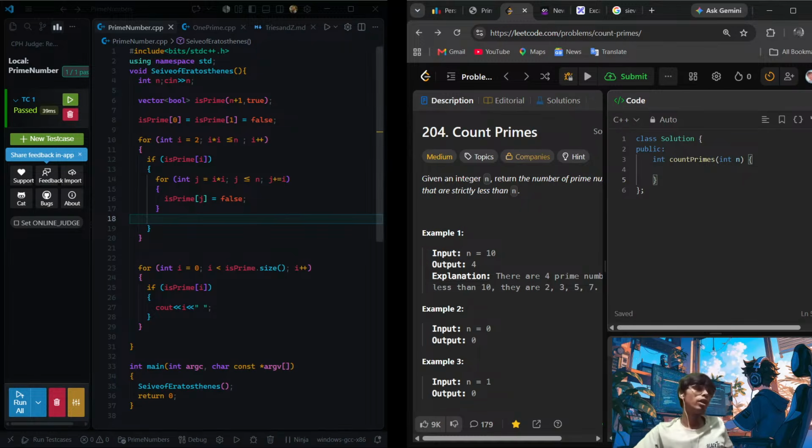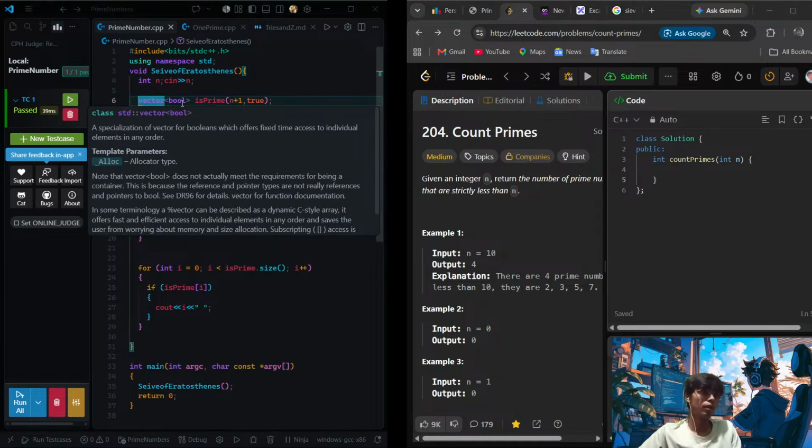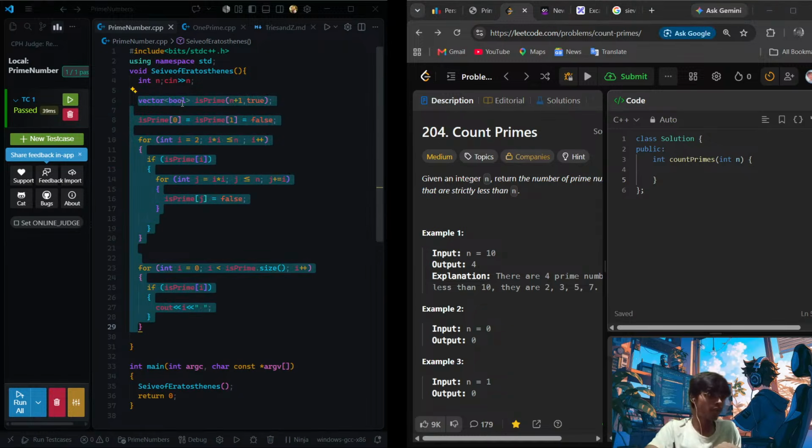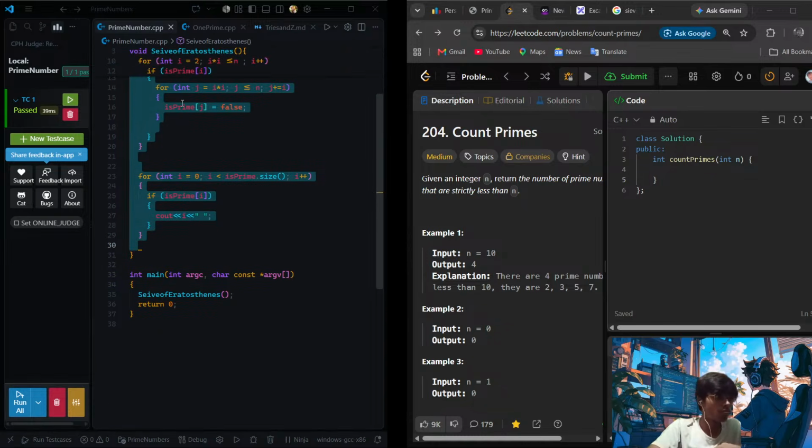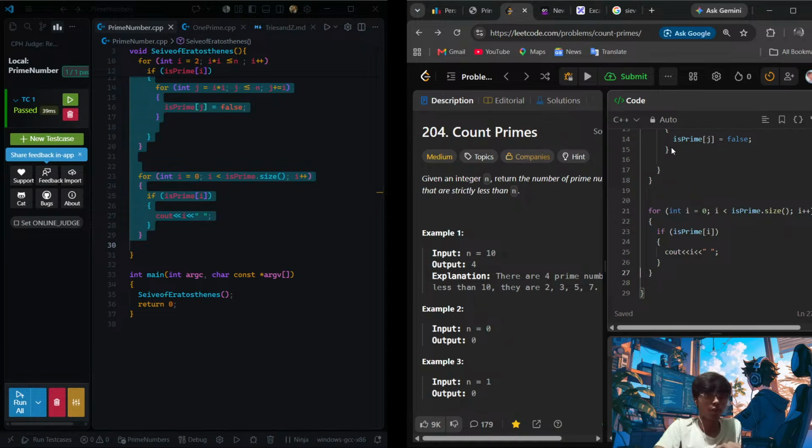As we only have to calculate that, whatever code has been written, I will just copy this code and paste it there and try to see if it works or not. I will create a function, void call, or I can name it int call, and inside that I will paste my code.